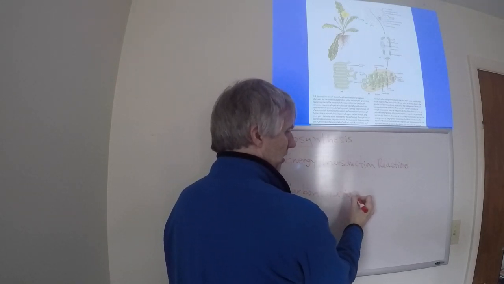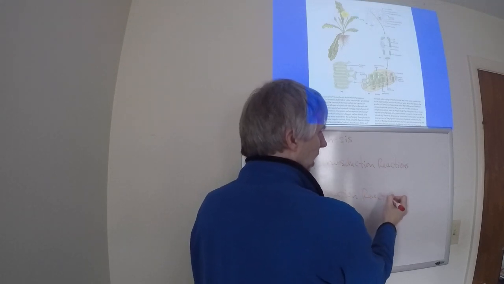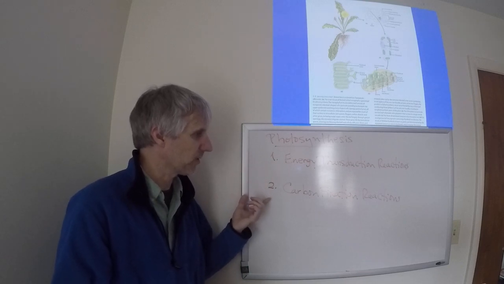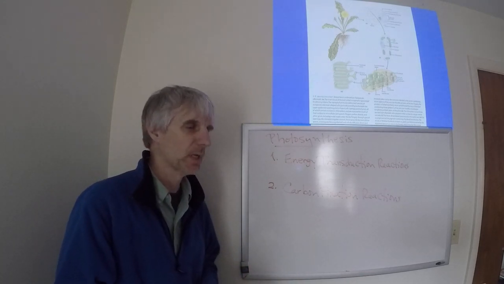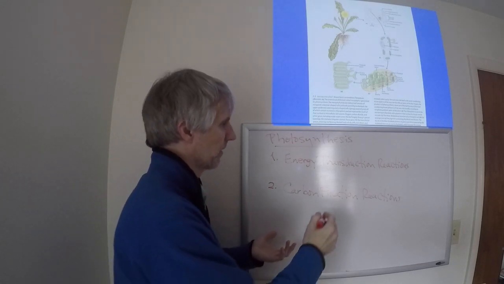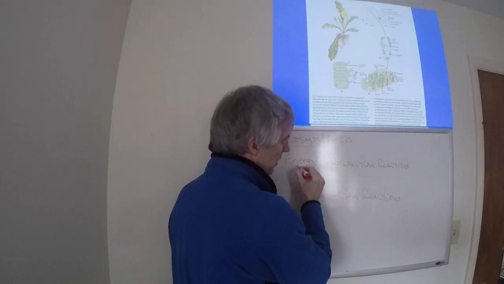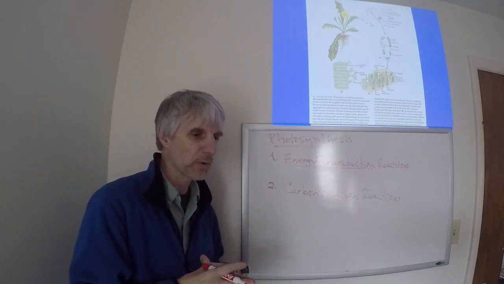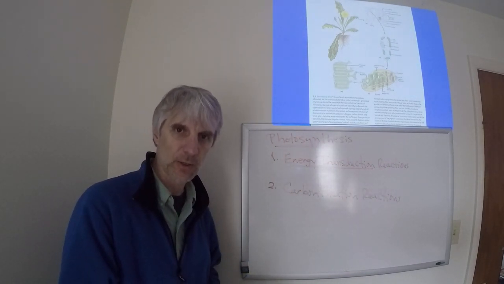These are all part of the same process called photosynthesis. It's just we've divided photosynthesis into two chapters. A set of reactions involving energy transduction. In energy transduction, what you do is you start out with energy in one form and convert it to energy in another form.